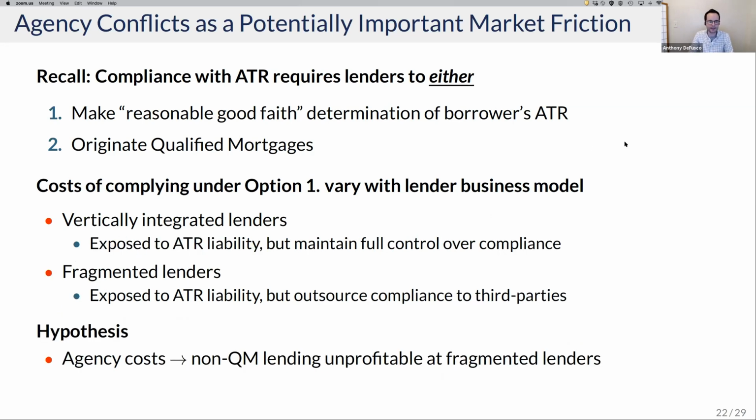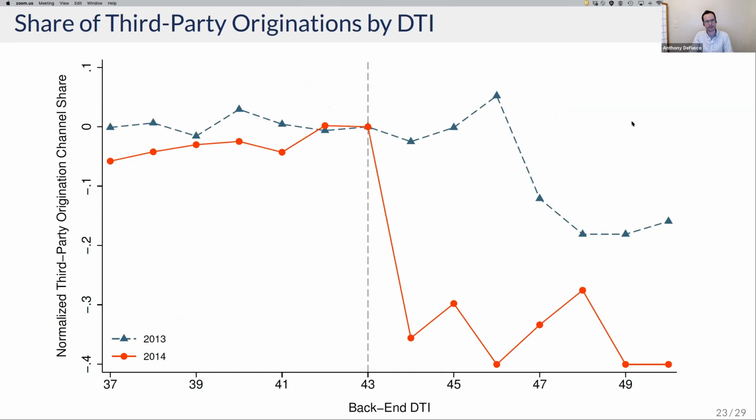And so you could look at what happens to the market shares of these 2 different types of lenders in that high DTI segment of the market after the policy comes into effect. You see that in 2013, the share of these fragmented lenders across debt to income ratios was fairly constant, normalized to what they're doing in the 43% bin.